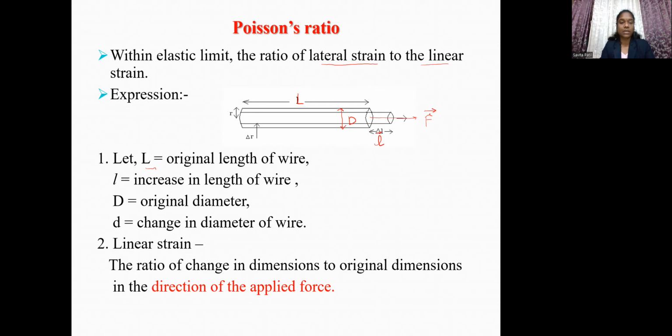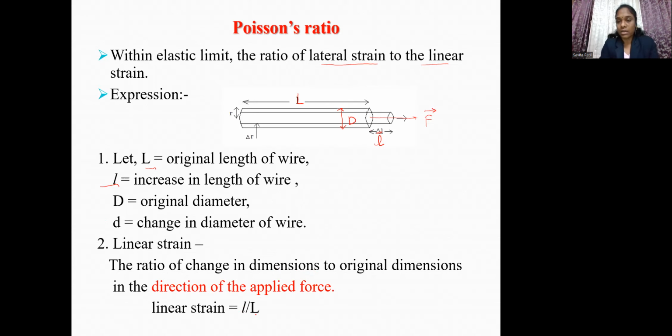Here, change in dimensions is the change in length, that is small l, and original dimensions means original length, that is capital L. So we get the equation for linear strain: linear strain equals small l by capital L.